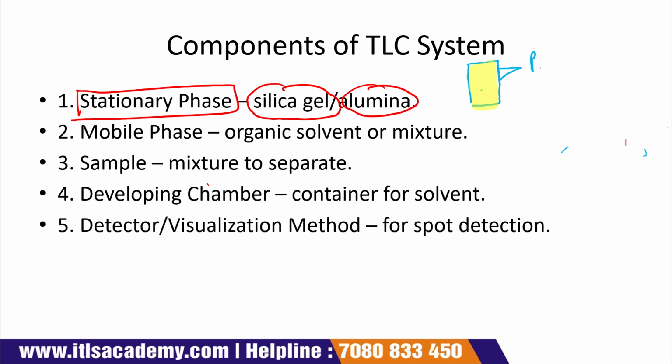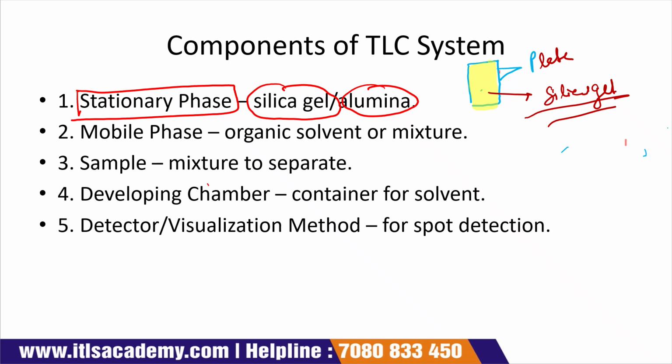This is your plate and this is your silica gel. Okay, so what we do, either we prepare a mixture of the silica gel and just pour it onto the plate, or we buy the silica coated plate from the market. This is the stationary phase.